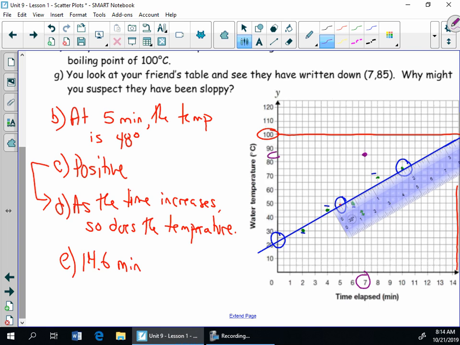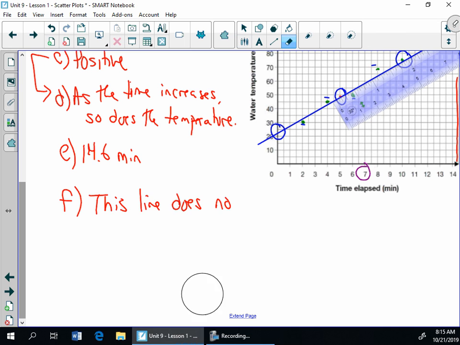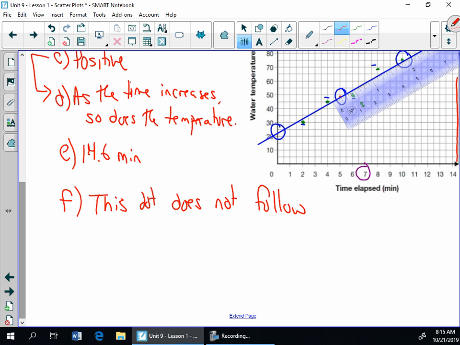It doesn't follow my line of best fit by any means. So I'd suspect they'd be sloppy. This dot does not follow the line of best fit.